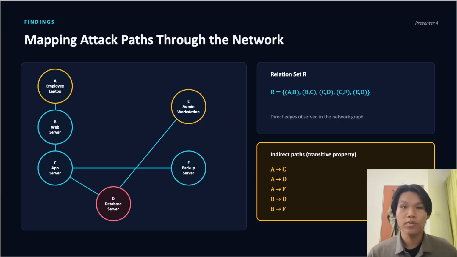For our findings, we modeled a small network as a directed graph. Each device is a vertex, each connection a directed edge, running from an employee laptop through the web server and application server down to the database and backup servers. Using the transitive property of relations, we uncover 5 indirect attack paths. For example, the laptop isn't directly connected to the database, but it can still reach it through the web and application servers.